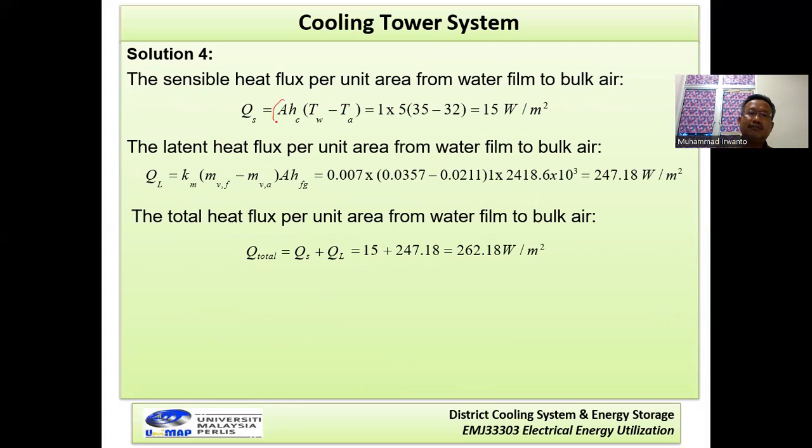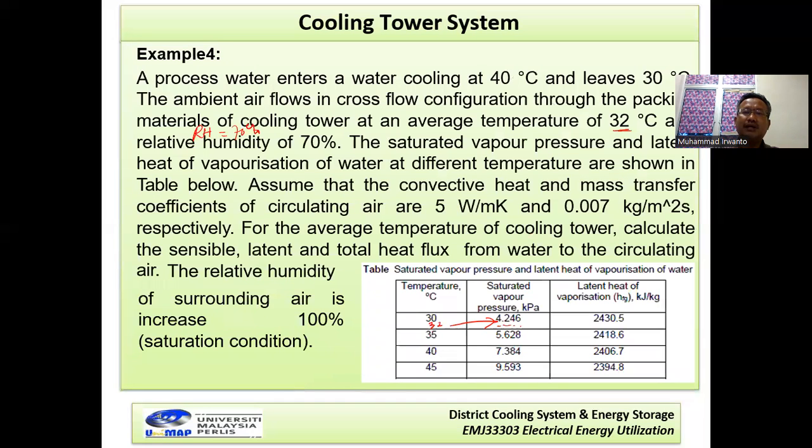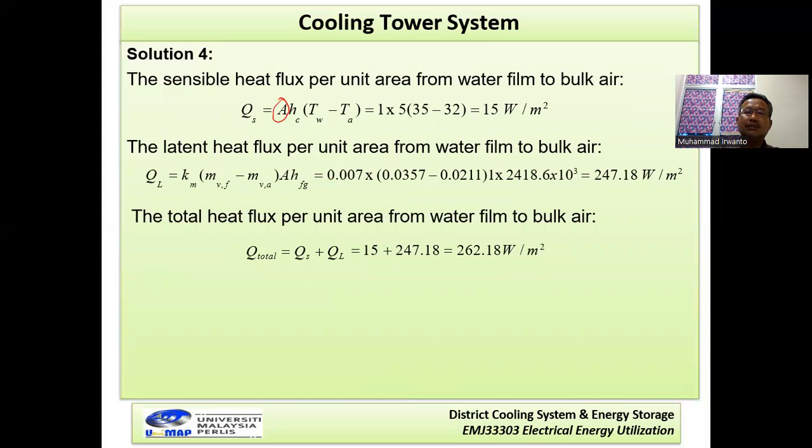A is the small area of the control tube; here we take 1 meter squared for the cross-section area. HC here is 5, which comes from the convective heat formulation, and the mass transfer coefficient is given as 0.07.